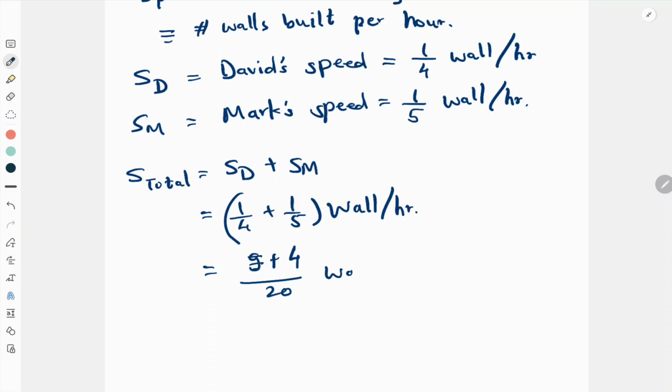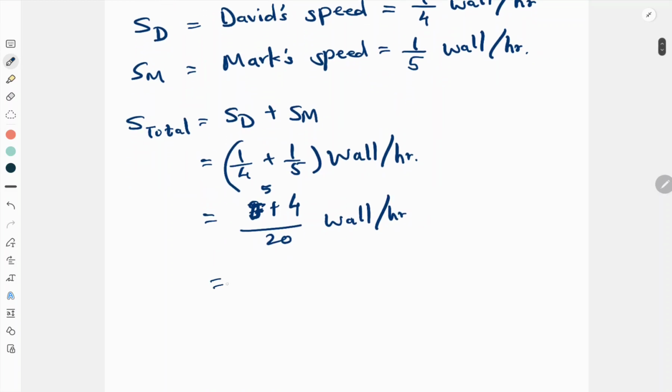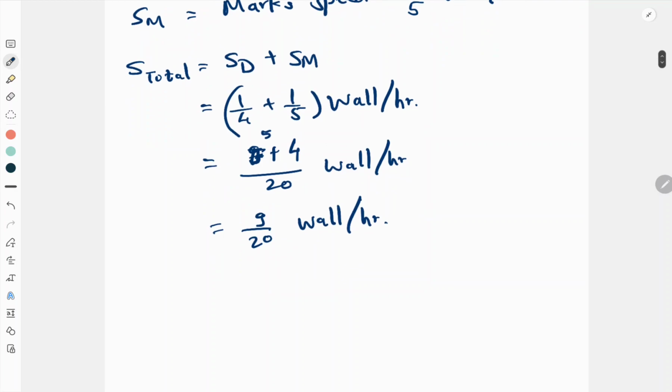Not 9 plus 4, sorry, 5 plus 4, which is 9 divided by 20. I skipped a step, and it should have been 9 by 20. I wrote 9 plus 4. It's fine. So the total speed is 9/20th walls per hour.